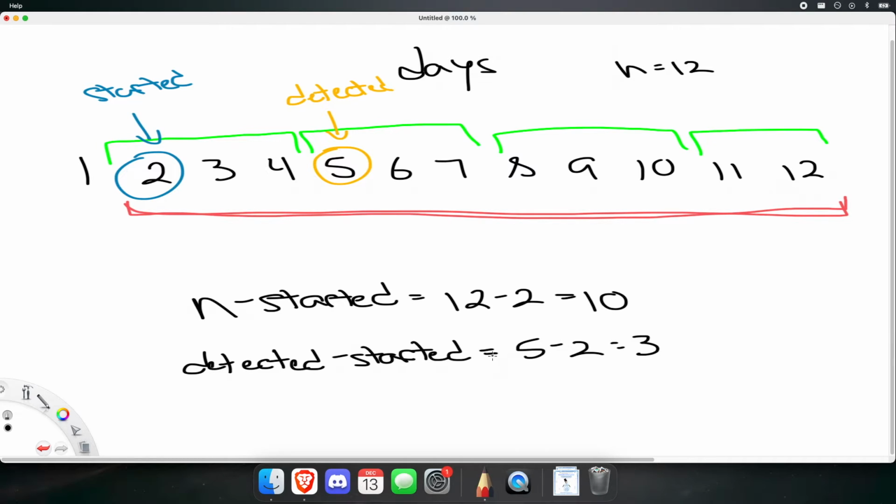Now we want to do the modulo of these two. So 10 modulo 3, that'll be 1.